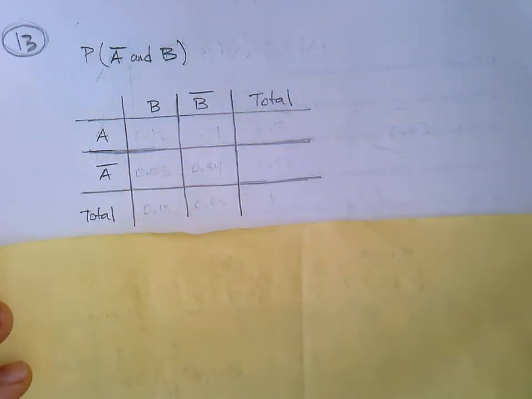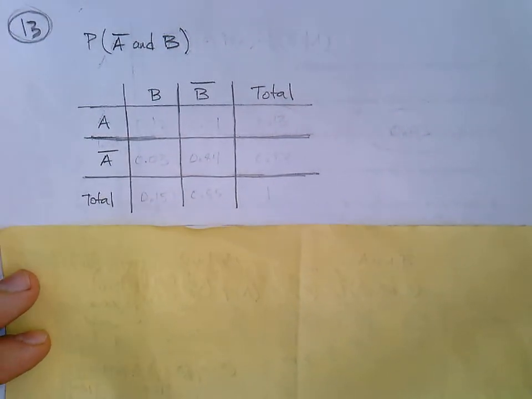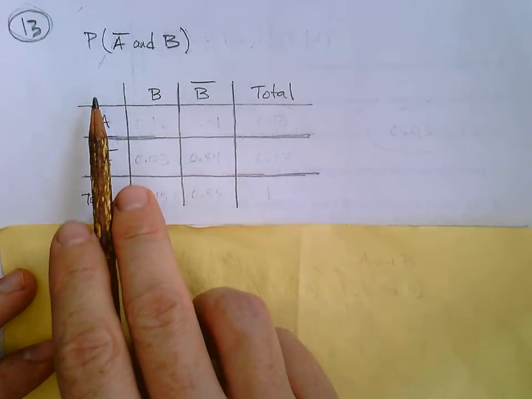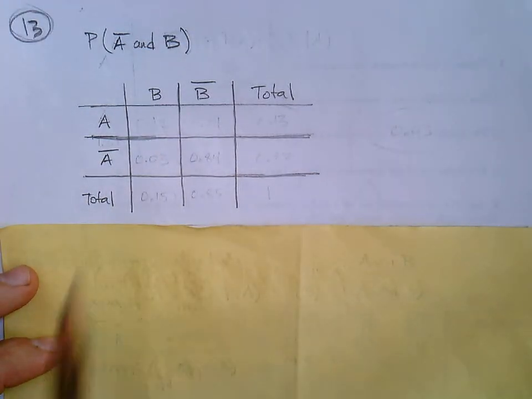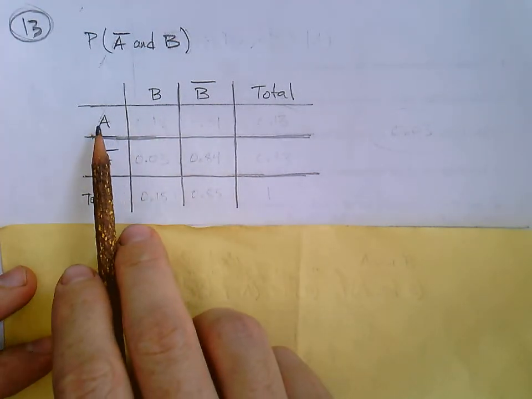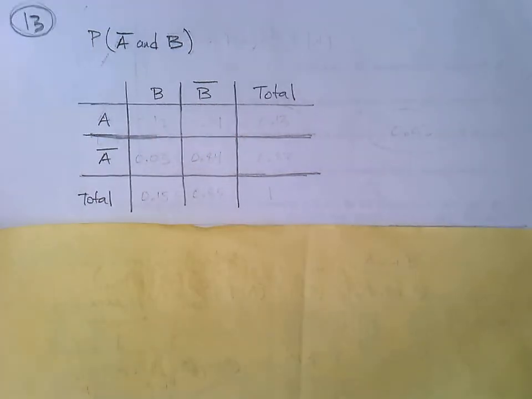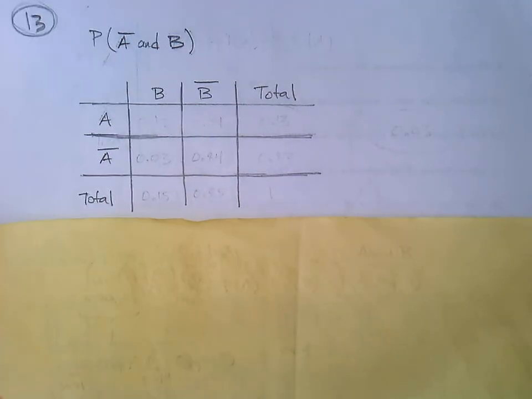Here's what I'm going to do. Here's going to be the look of our contingency table. We're going to set up, well, I guess you could say 4 columns and 4 rows. The rows and columns will represent A, A complement, B, B complement, and then we need totals on the sides like this.